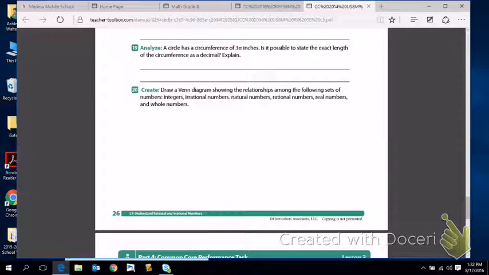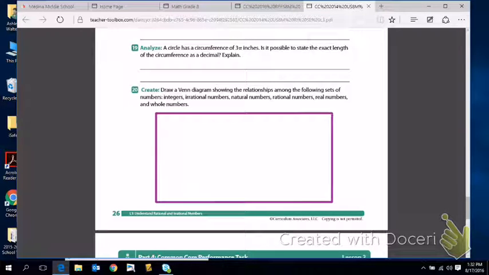In number 20, we're asked to draw a Venn diagram showing the relationship among the following sets of numbers: integers, irrational numbers, natural numbers, rational numbers, real numbers, and whole numbers. We know that regardless whether the number is rational or irrational, it fits into the category of the fact that it's a real number.